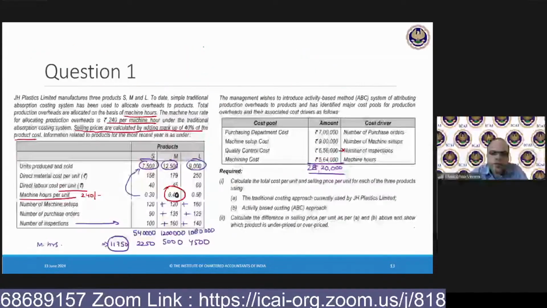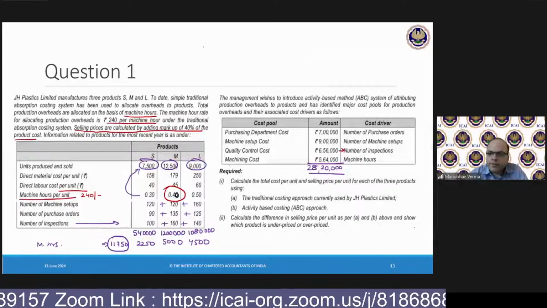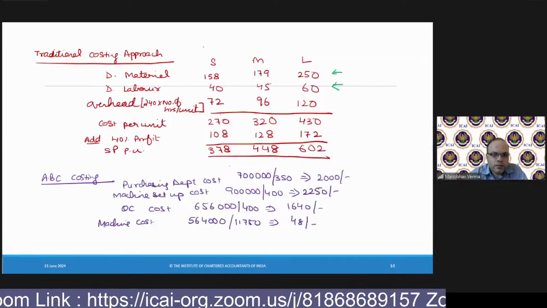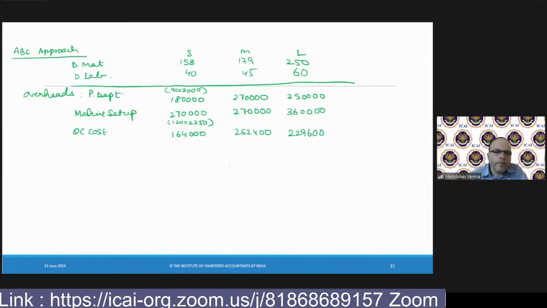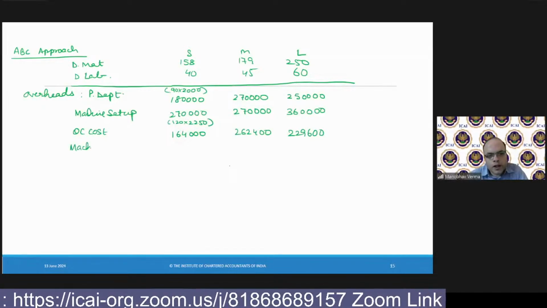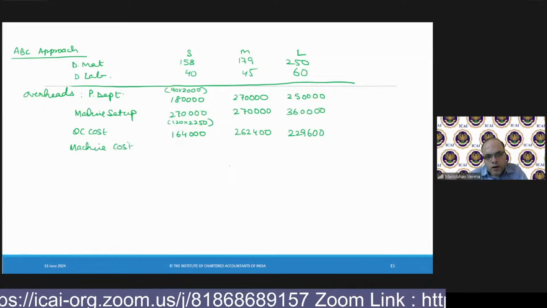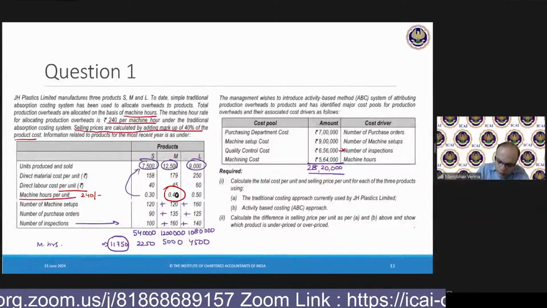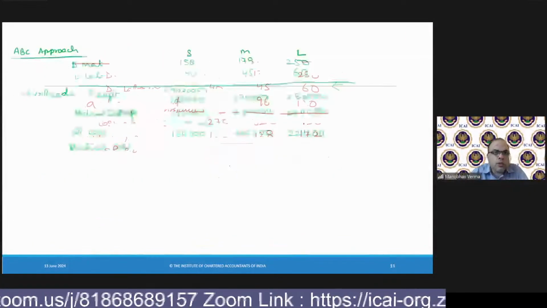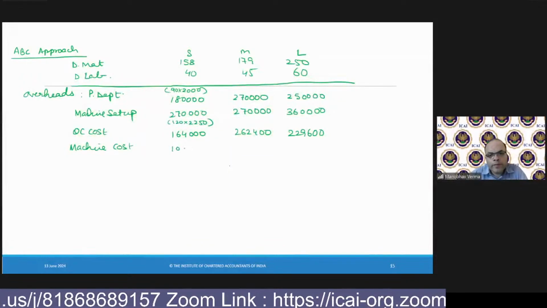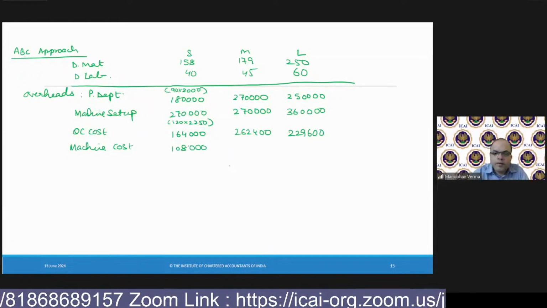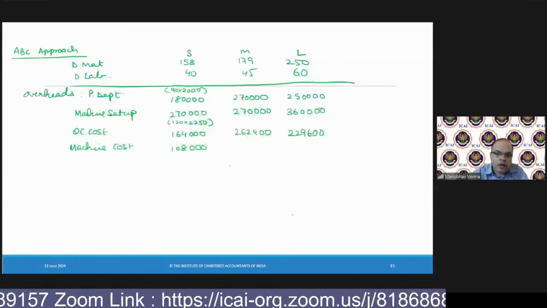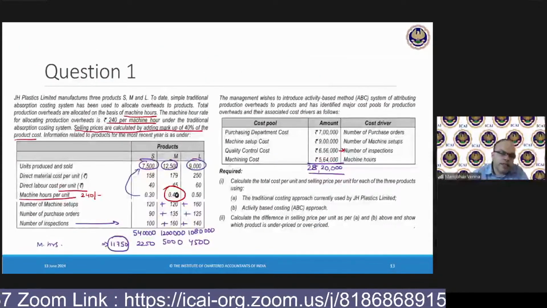The next one is machine cost, right? 48 we did. Machine hours: 48 number of hours we calculated, 2250 into 48, which gives us 1,08,000 here, because we have calculated 48 here, and on the information slide we have calculated machine hours at the bottom.